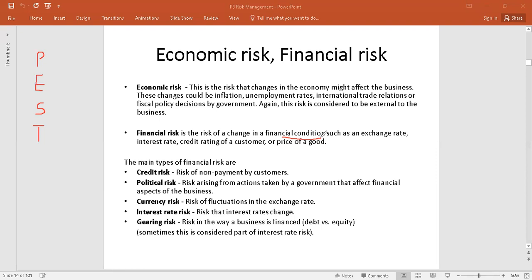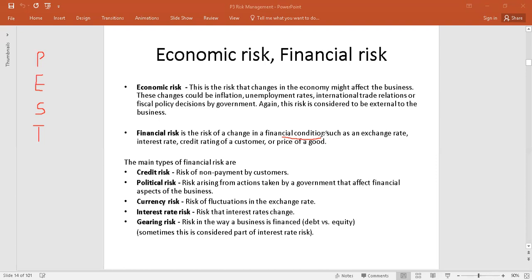So any risk that arises from a variation or change in the financial condition, we call financial risk. Under financial risk, we have different types of financial risk.